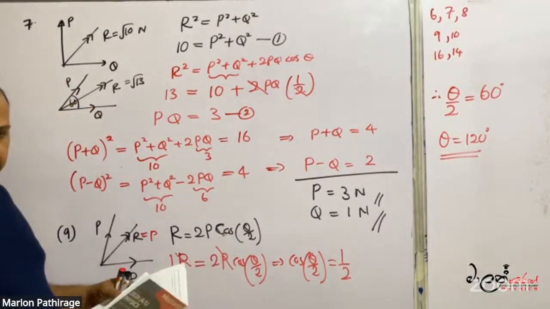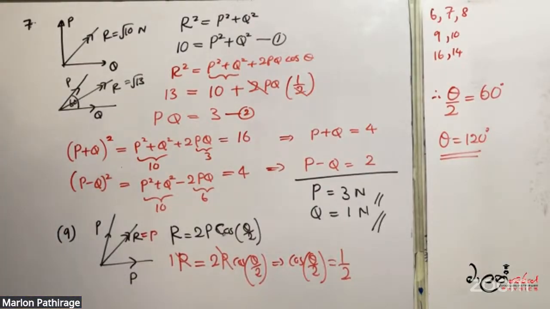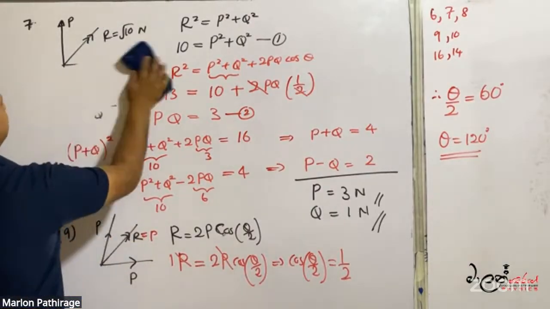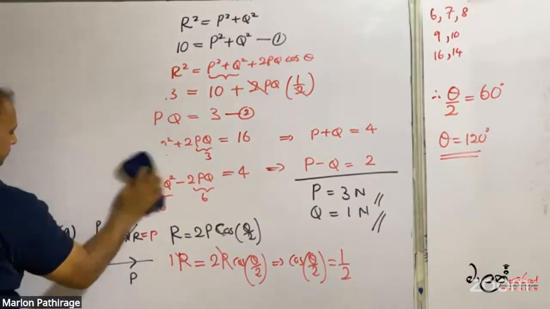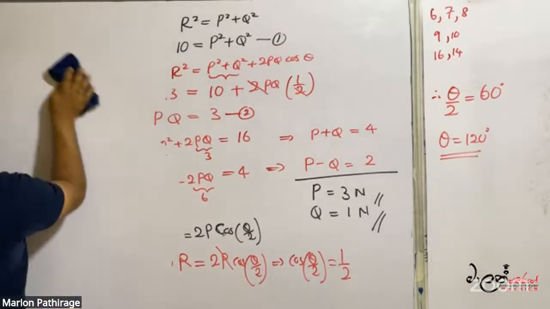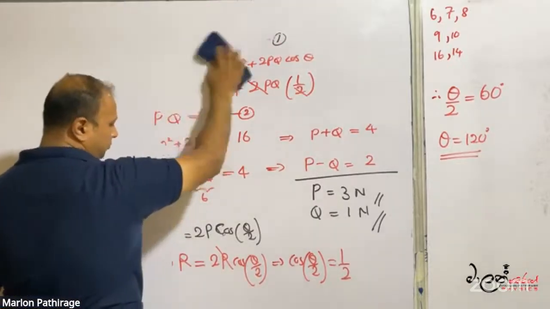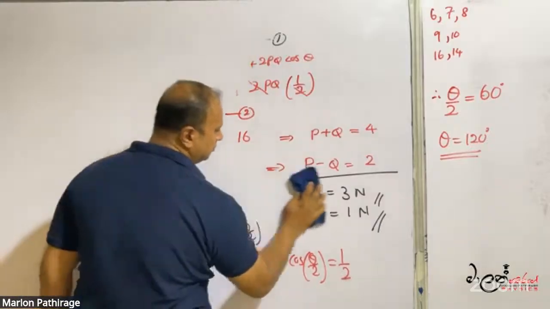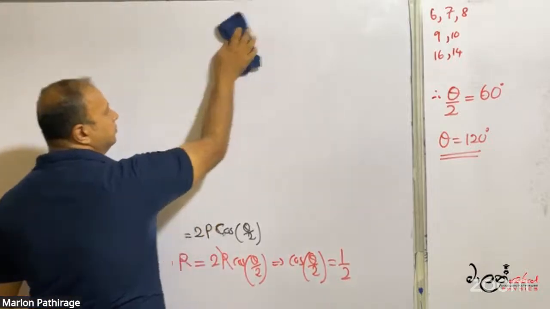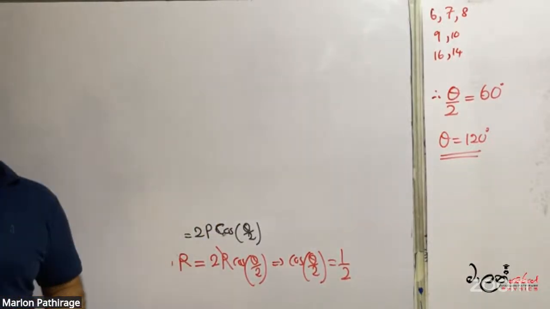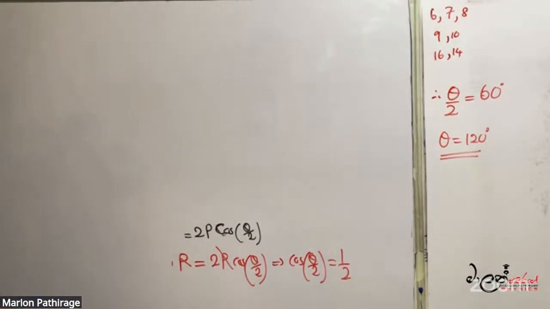Then question number 10. Two forces of magnitude x and 2x act on an object.